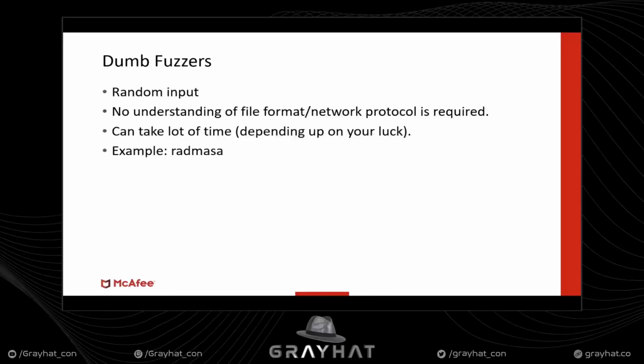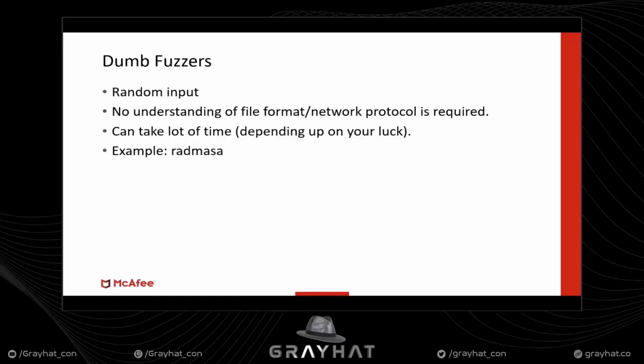If the program crashes, they can save that input, otherwise they will again generate random inputs and keep feeding them to the program. One example of a dumb fuzzer is Radamsa, which is available on Linux. It generates random inputs which you can use to see if your program crashes or not.